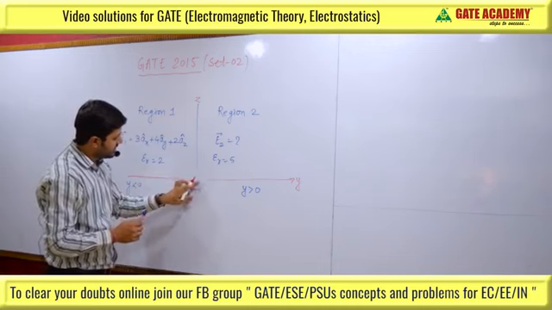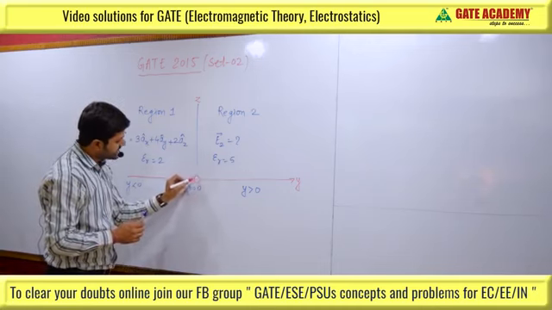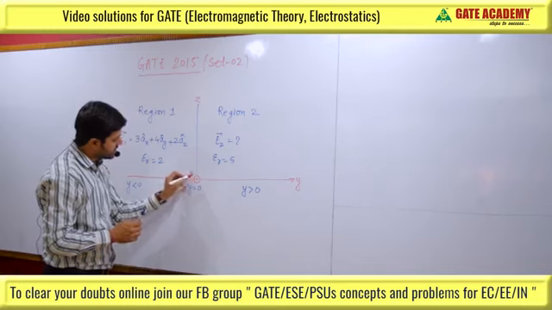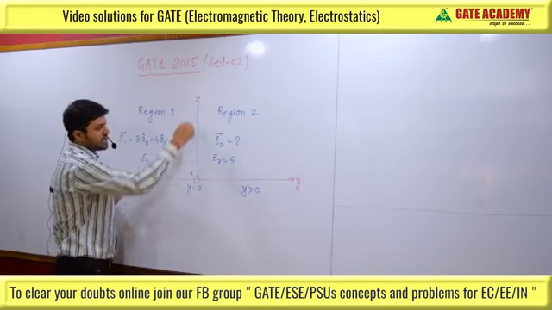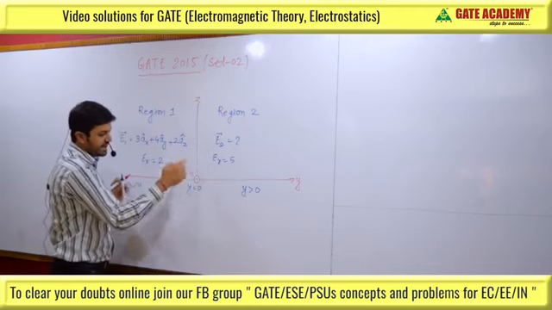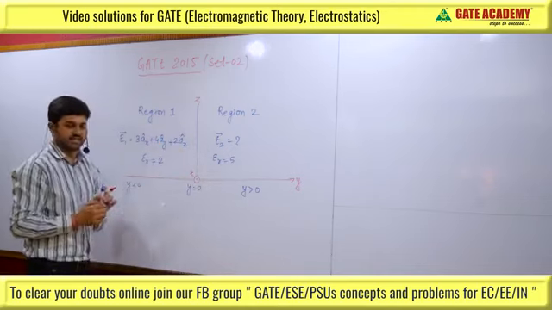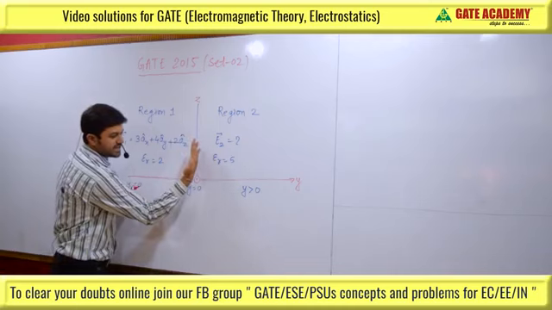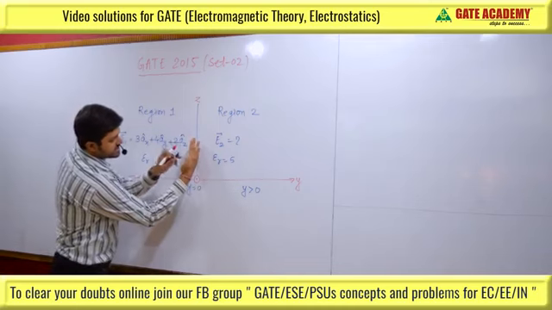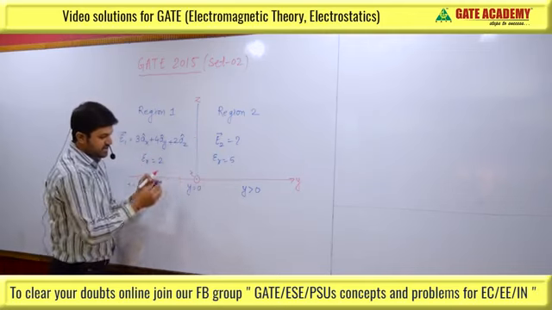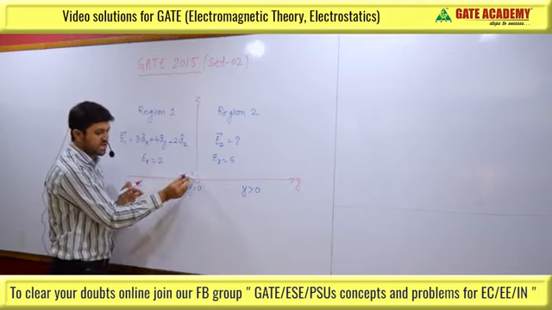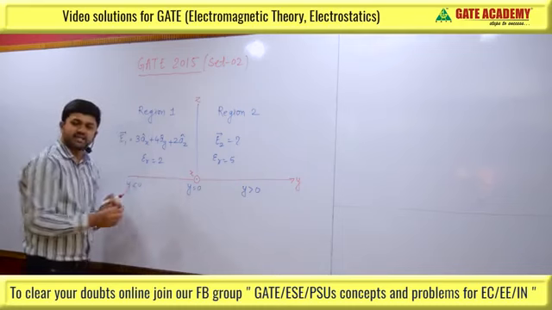So here we can write it as x is outside the board. Because this is y axis, we can take it as z axis, and this will be x axis. So we have a plane like this, in which this line is nothing but z axis, and this, which is outside the board, is x axis.